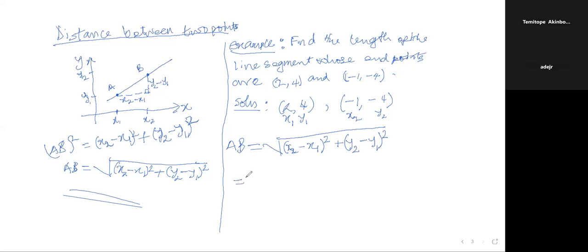So you substitute that, so that gives -1 minus 2 squared plus -4 minus 4 squared.